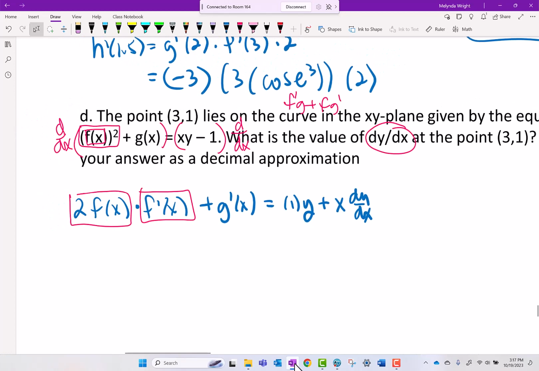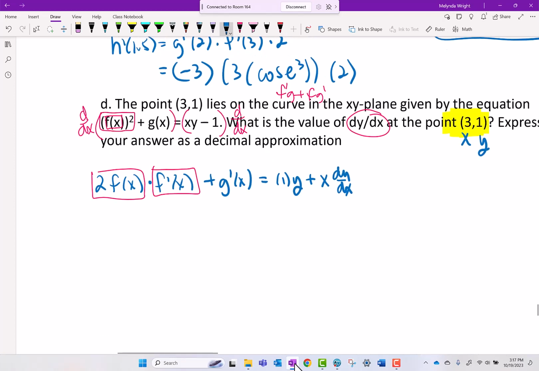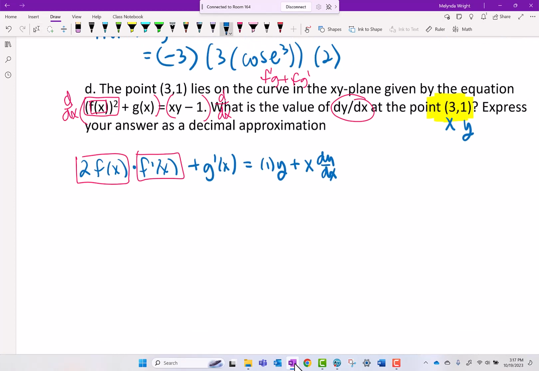Okay, this is all right. We're supposed to plug in this value. That's my x and that's my y. Okay, let's plug it in. So 2f of 3 times f prime of 3 plus g prime of 3 equals 1 plus 3 dy/dx.